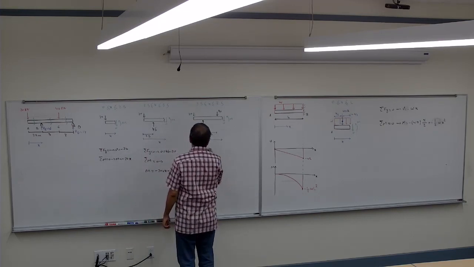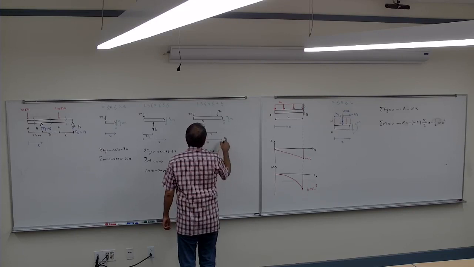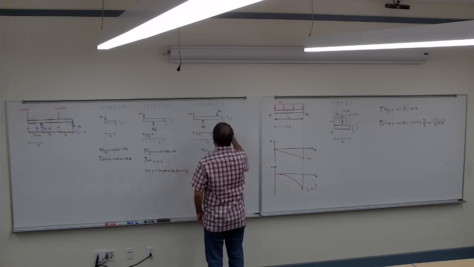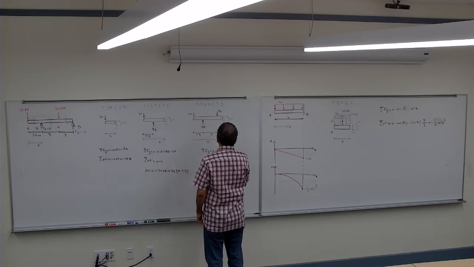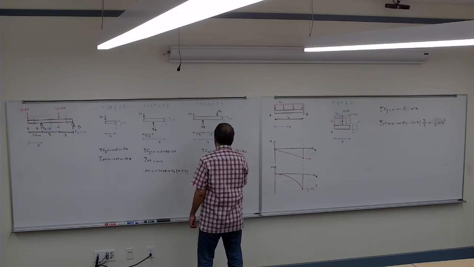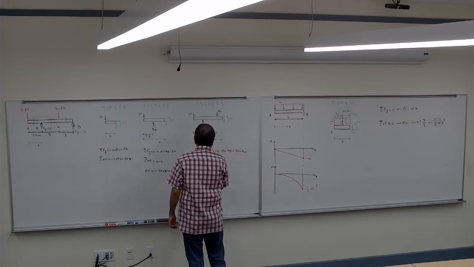And then here again sigma Fy is 0. Then we would have V equal 46 minus 20 minus 40, and sigma M would be 0.